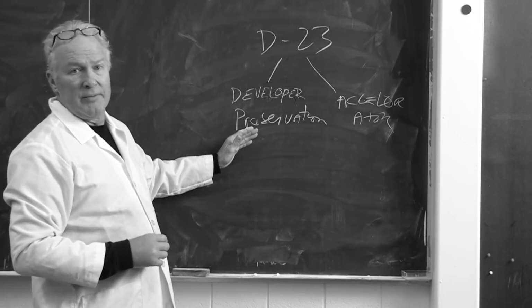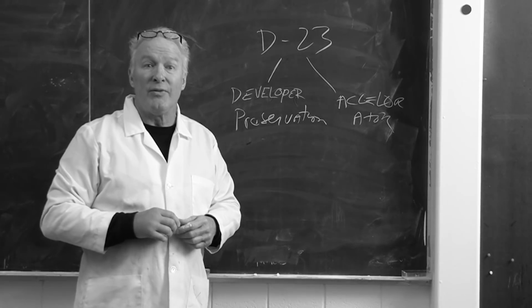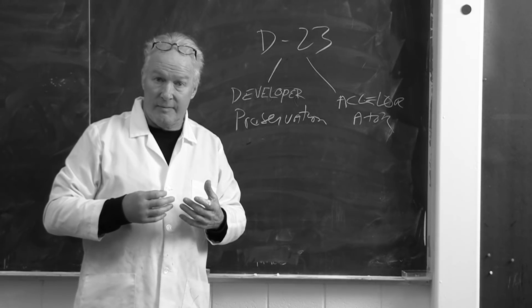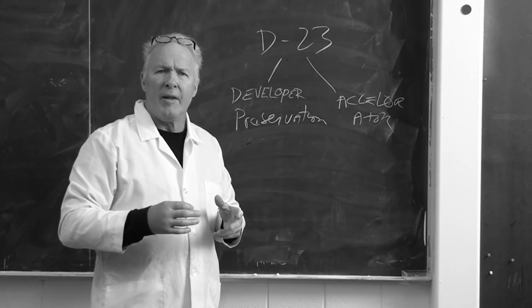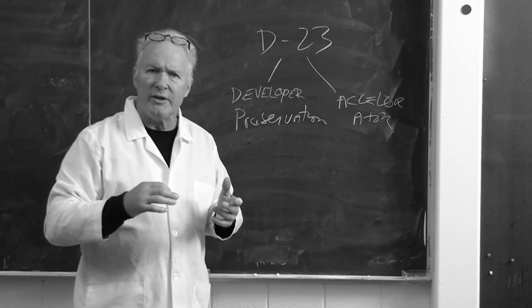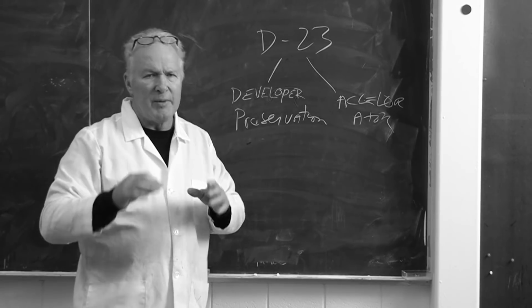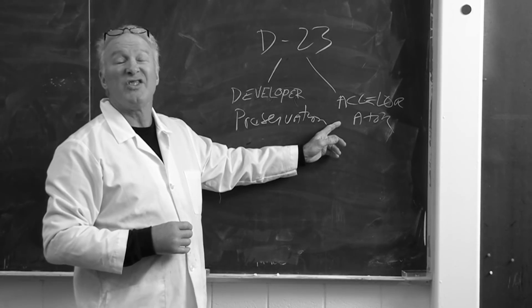In the first bottle, your developer and preservative start the action of development. The emulsion soaks up the developer, but actual little development does not take place. It's simply there. And after a routine time, about 6 minutes, could be a little more, could be a little less, depending on you and how you develop your film, the type of film, but about 6 minutes, you then pour it out and then pour in your accelerator.